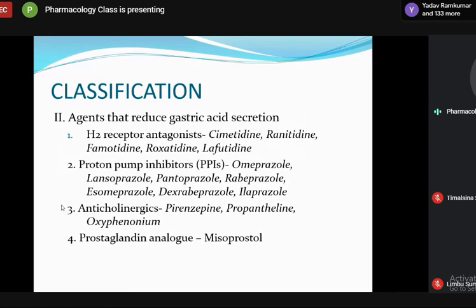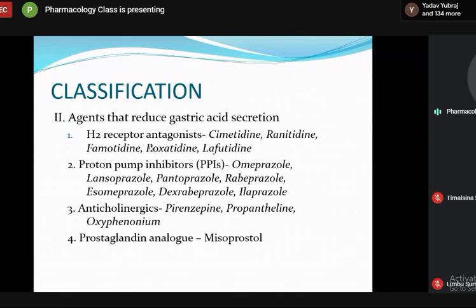Now the next group of drugs that we had discussed was the H2 blockers. In H2 blockers, we have cimetidine, ranitidine, famotidine, and others. The mechanism is that they mainly block the H2 receptors.